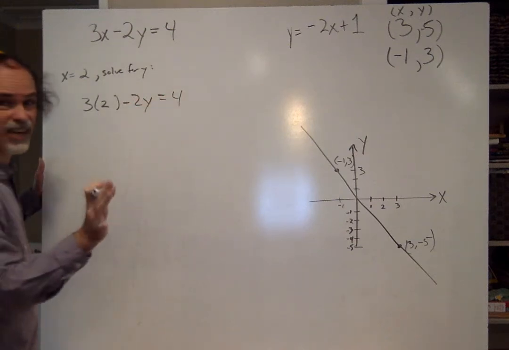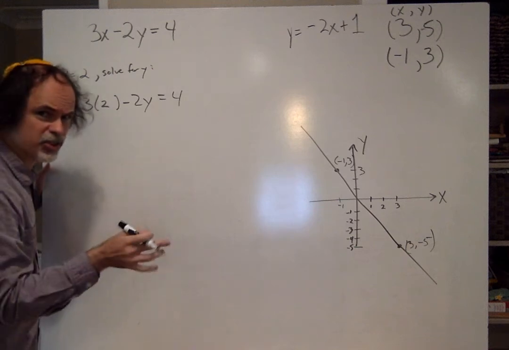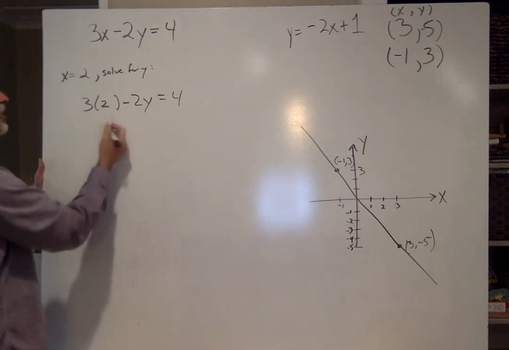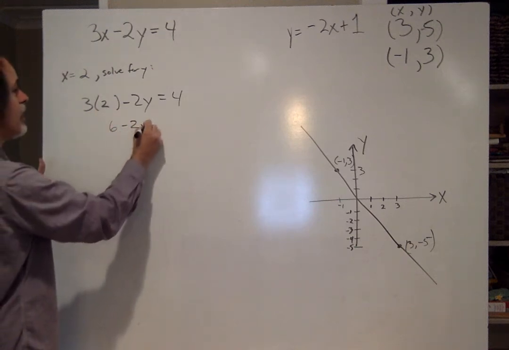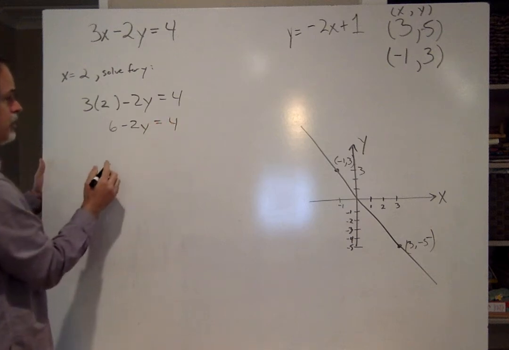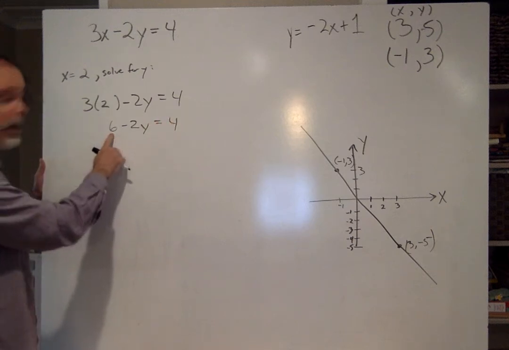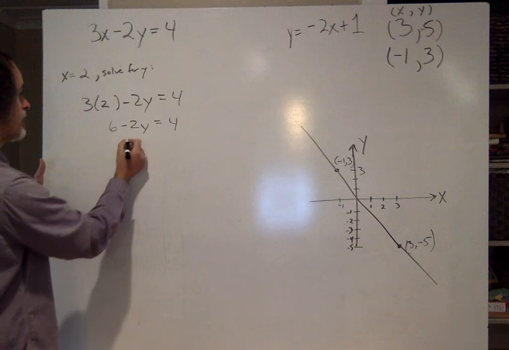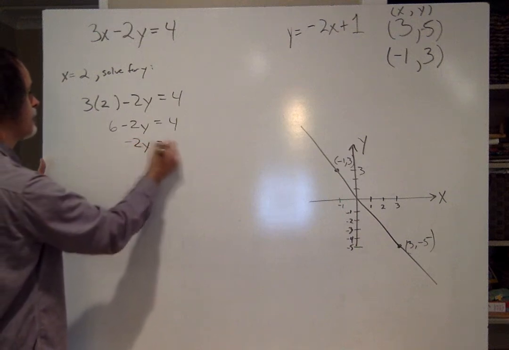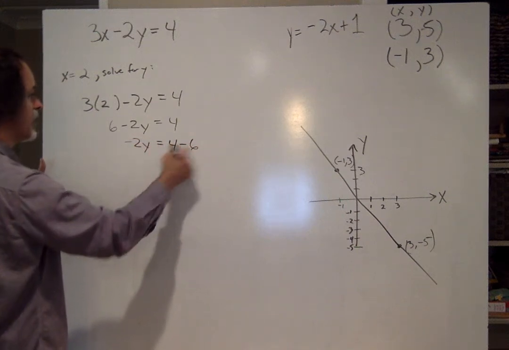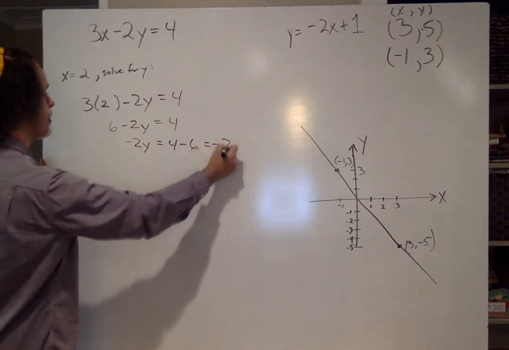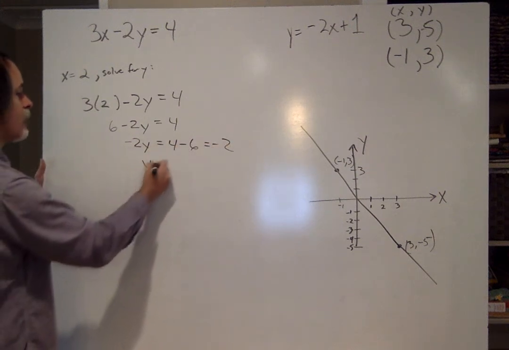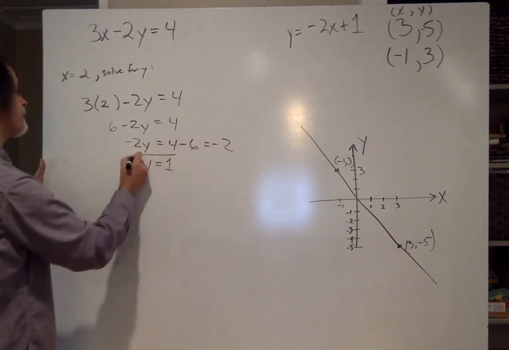And don't write this down. This is the hard way of doing it. I'm just going to show you why it's hard. This is 6 minus 2y equals 4. Right. Subtract the 6. It's -2. Divide by -2 and I get y equals 1.